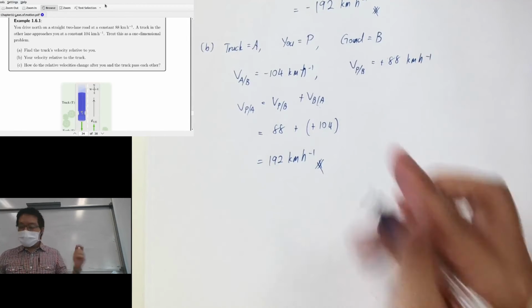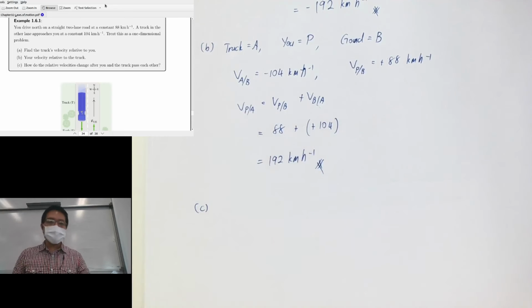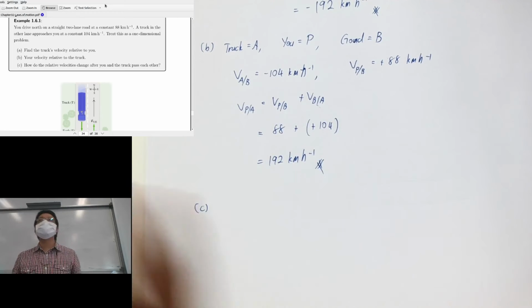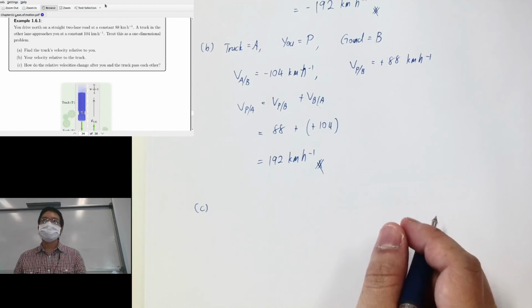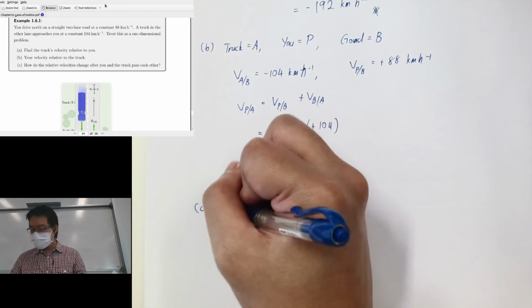Okay, the final one is just a simple concept question. How does the relative velocity change when the trucks pass each other? It doesn't change, right? So relative velocities do not change.